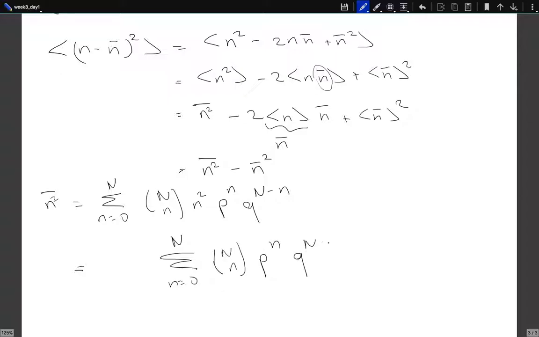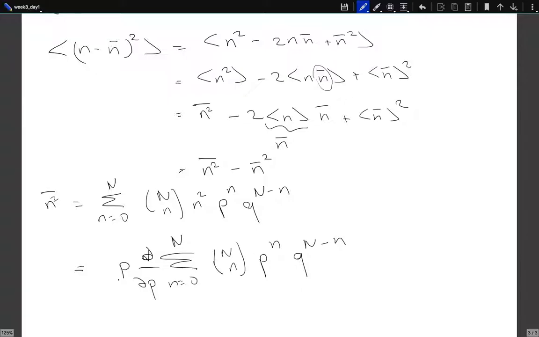I will take the derivatives with respect to p such that it will bring down this n squared factor. Now let me take the derivative with respect to p once. It will bring a factor n, and now the power of p is n minus 1. So if I take its second derivative, it will not bring another factor of n, but it will bring a factor of n minus 1.